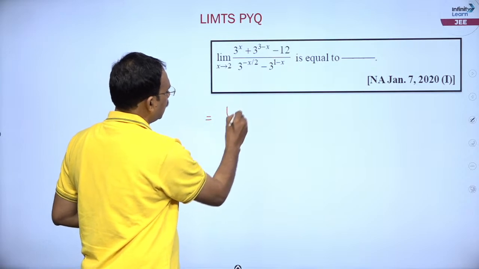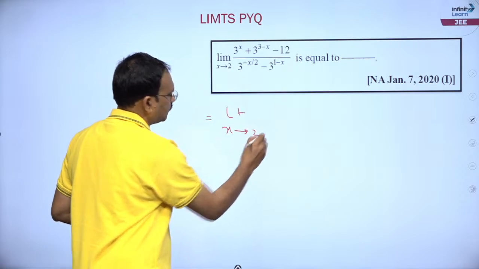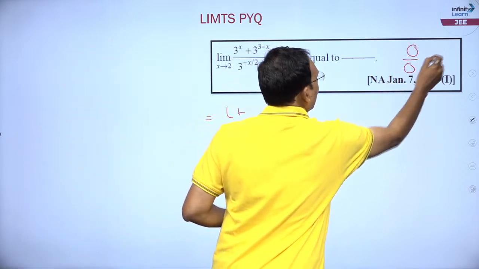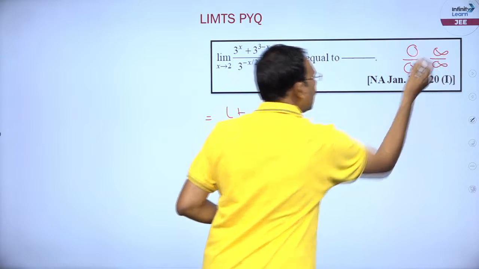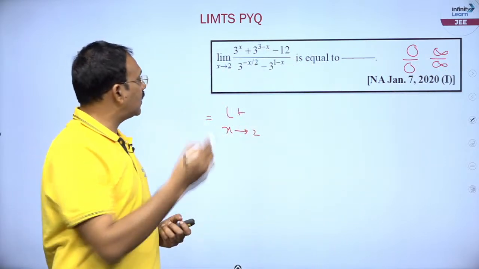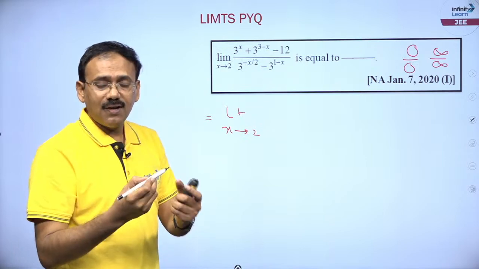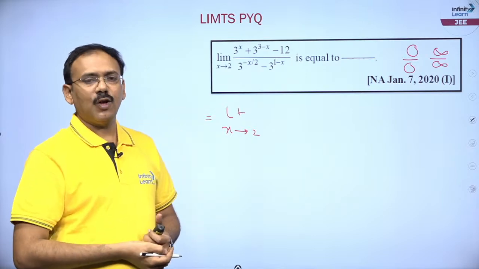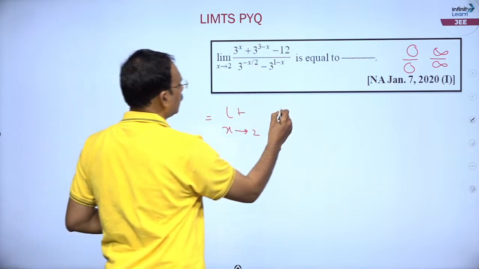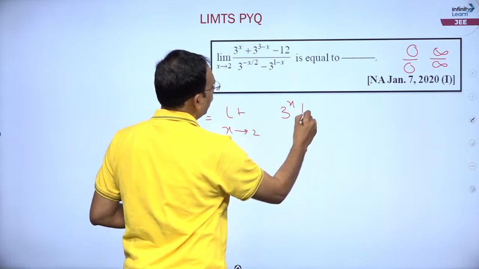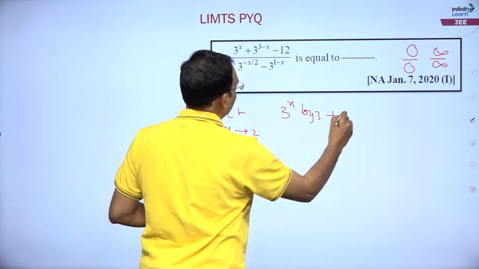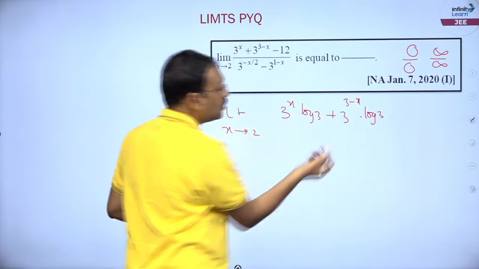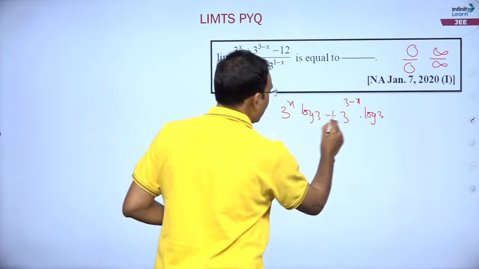So, I think you know what L'Hospital's rule is. If the limit is of the form 0 by 0 or infinity by infinity, you can take the derivative of the numerator and the derivative of the denominator separately, and then apply the limit. Okay. So, what is the derivative of the numerator? 3 power x into log 3 plus 3 power 3 minus x into log 3 into the derivative of 3 minus x, which is minus 1.